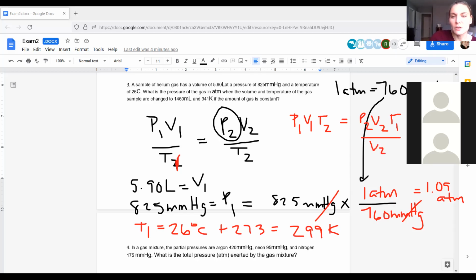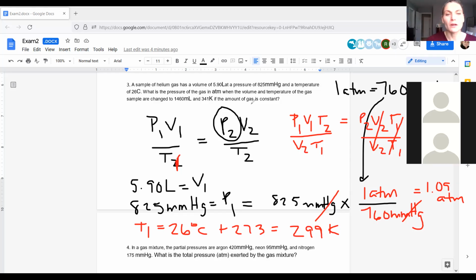Divide by V2, T1, cancel out. So P2 equals P1, V1, T2 over V2, T1. And this should make sense now, because when you go to see your units, our units will cancel out.